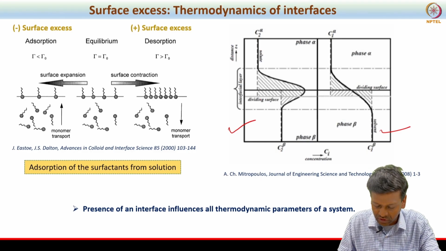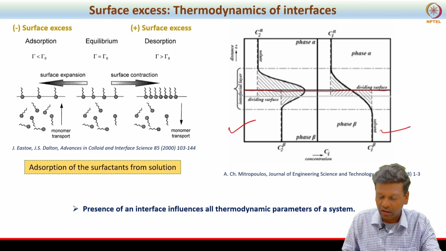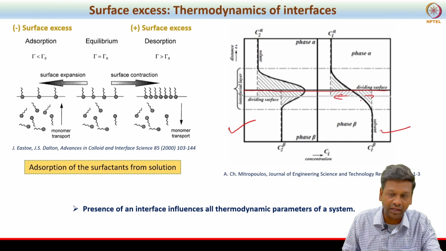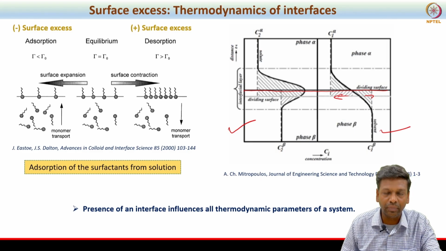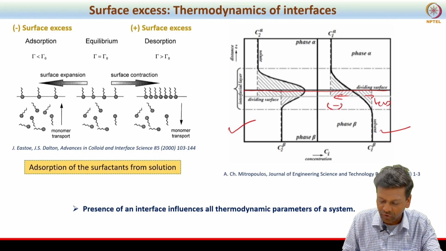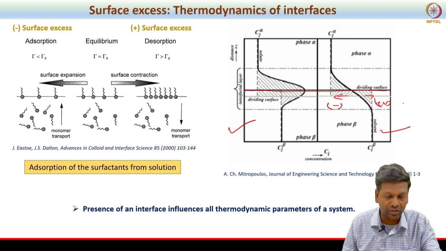So this will make us identify a midpoint such that the surface excess on the left and right sides, when you sum up, this side is all negative, this side is all positive. So both will be equal to 0.